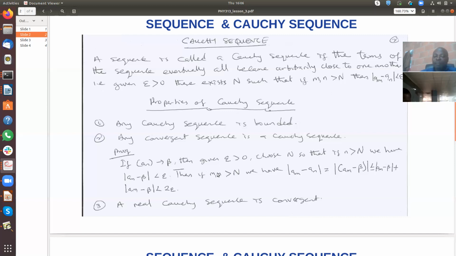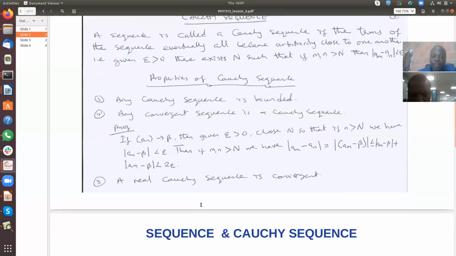Then if m, n is greater than N, we have the modulus of a_m minus a_n equals the modulus of (a_m minus beta) plus (beta minus a_n), which is less than or equal to the modulus of a_m minus beta plus the modulus of a_n minus beta, and this is less than epsilon. This is the proof, because this is now convergent. So a real Cauchy sequence is convergent. That's another property of a Cauchy sequence.